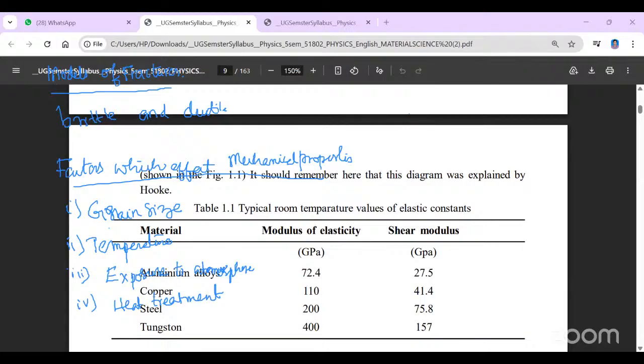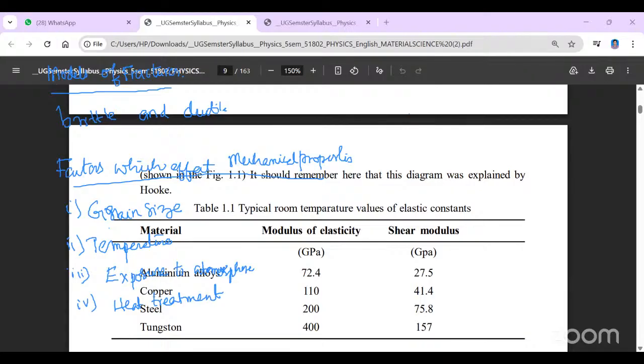If you do the heat treatment, the machinability increases and the resistance to corrosion increases, and the chemical, electrical, magnetic and thermal properties will show improvement.